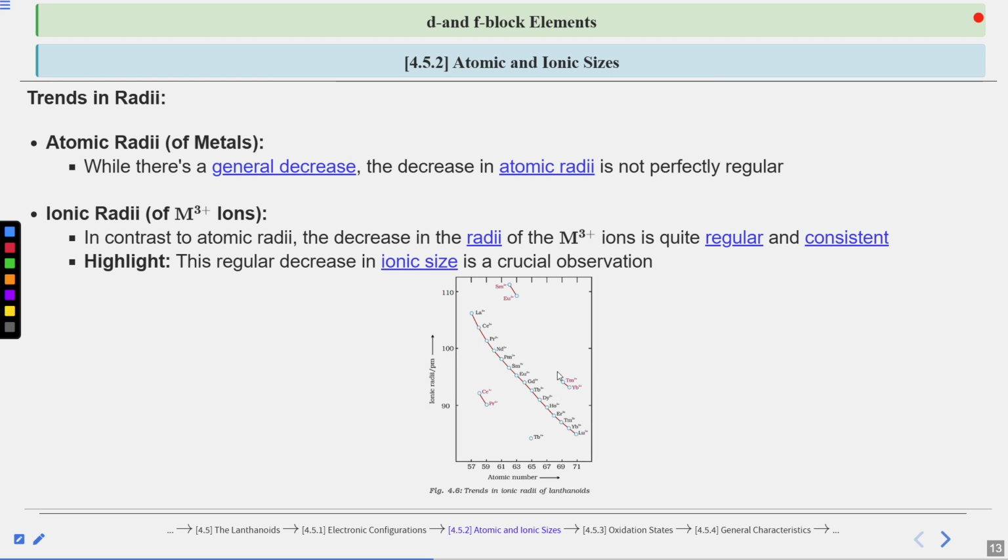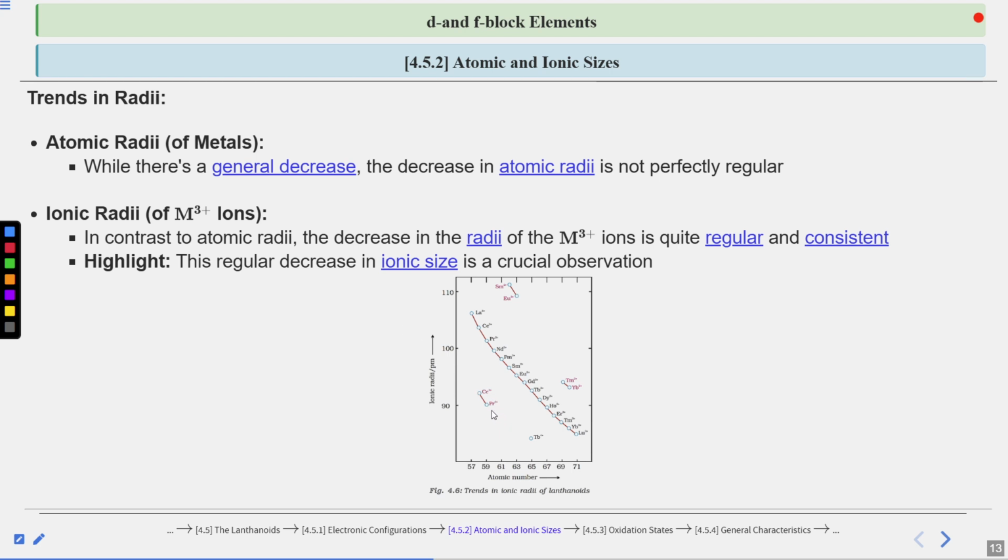And how their +2 oxidation state ionic size is going to change with the atomic number is represented by this. And here Ce and Pr, Ce is cerium and Pr is praseodymium. So they both are in 4 positive state, because cerium in the 4 positive will lose all its outermost electrons and attain a noble gas configuration, and praseodymium is just the element after cerium. Okay, so how they both can be present in the +4 oxidation state.